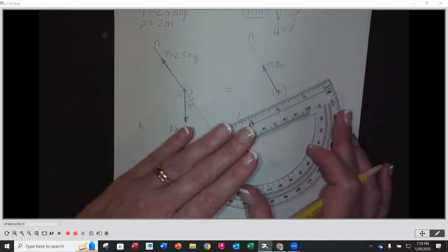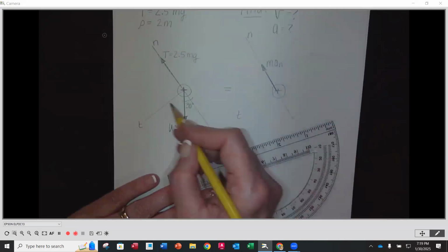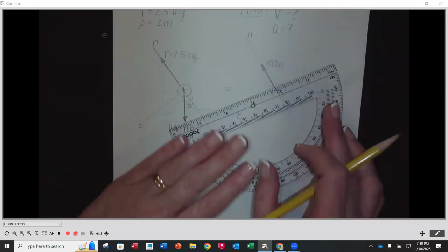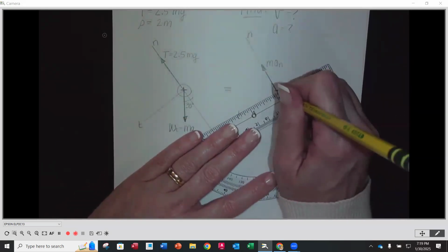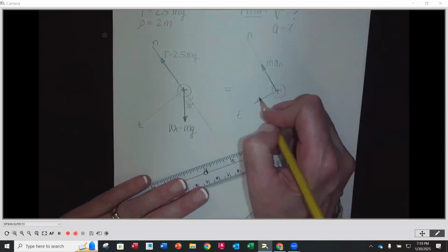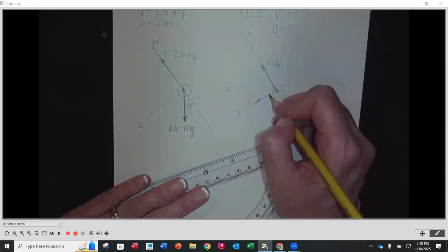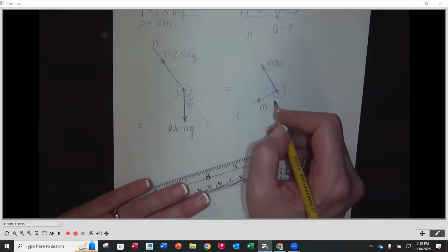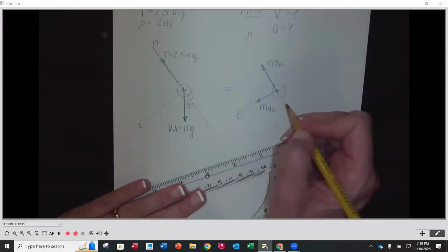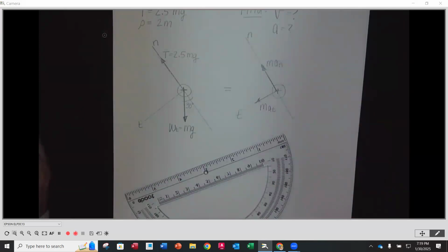And then in this direction, because remember, it's a pendulum, it's kind of coming down this way, along this T axis, perpendicular to that, is the mass of that bob times the tangential acceleration component.